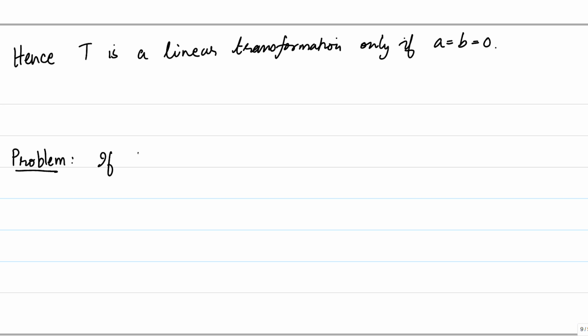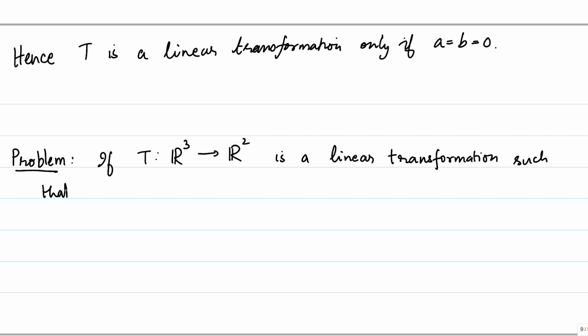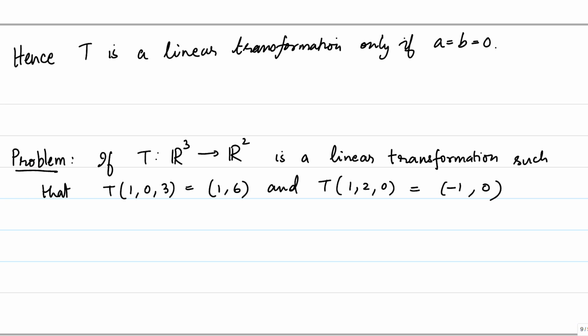So if T from say R3 to R2 is a linear transformation such that we know the value of T at certain points, such that T of 1, 0, 3 is equal to 1, 6, and T of 1, 2, 0 is equal to minus 1, 0.